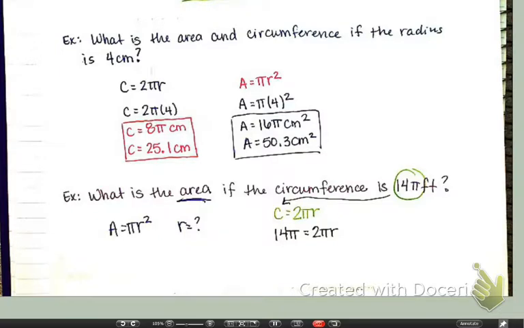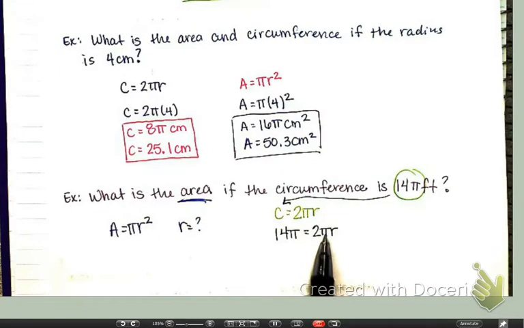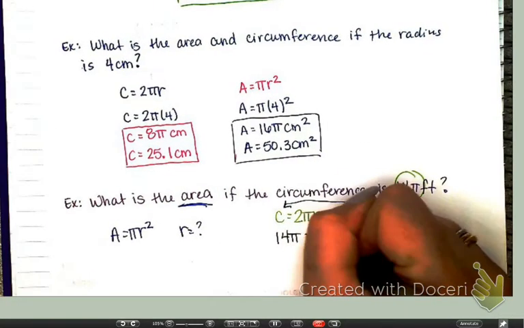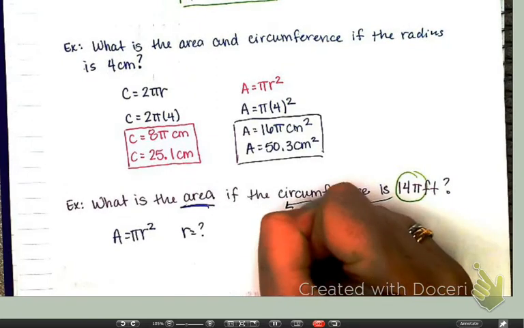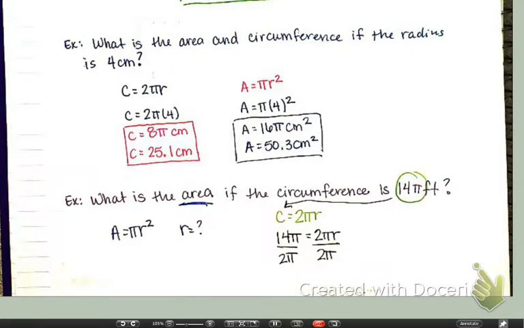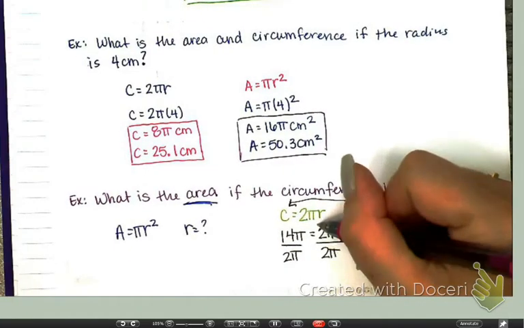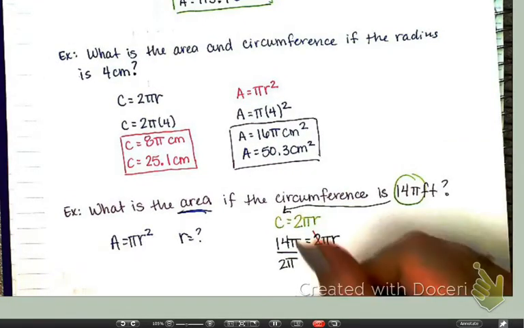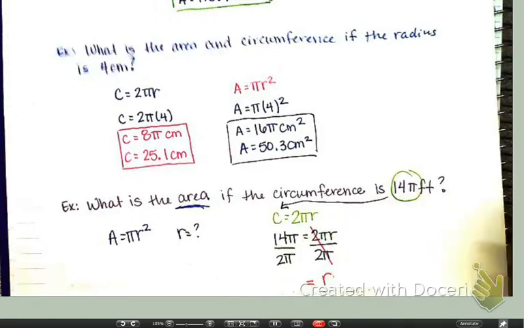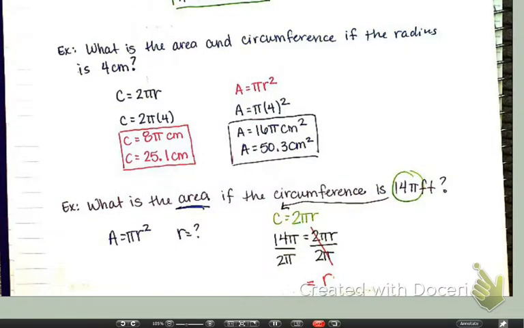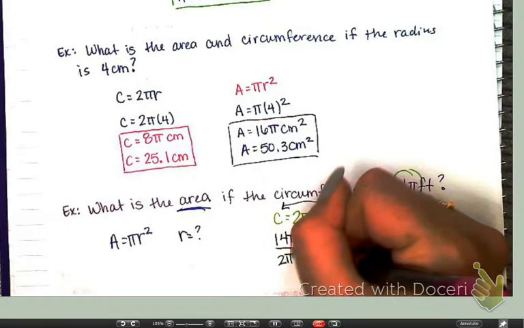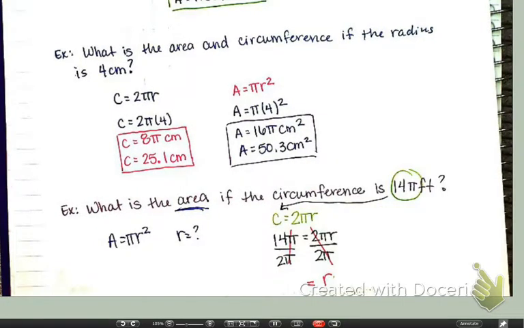Divide by 2 pi. Currently you're multiplying, right? 2 times pi times r. Opposite of multiplication is division. So we're going to divide both sides by 2 pi. On the right, the 2 pi cancels out, leaving me with r. On the left, the pi's cancel out, and what's 14 divided by 2? 7.